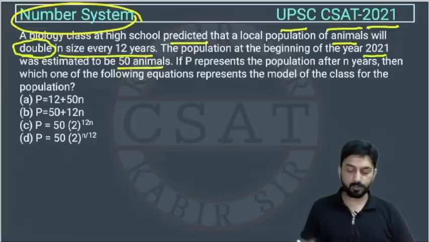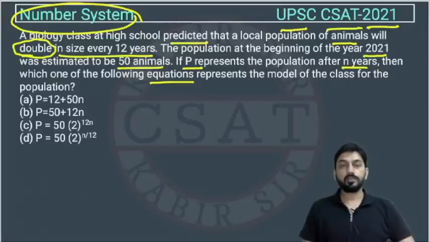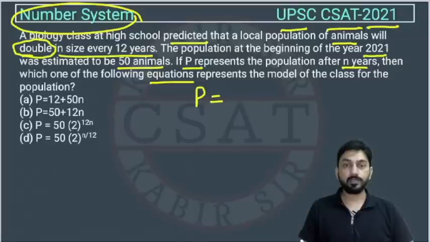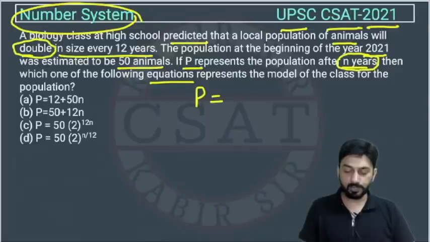If P represents the population after n years, then which one of the following equations represents the model of the class for the population? So in this, we have to find the equation which will represent this model, right?